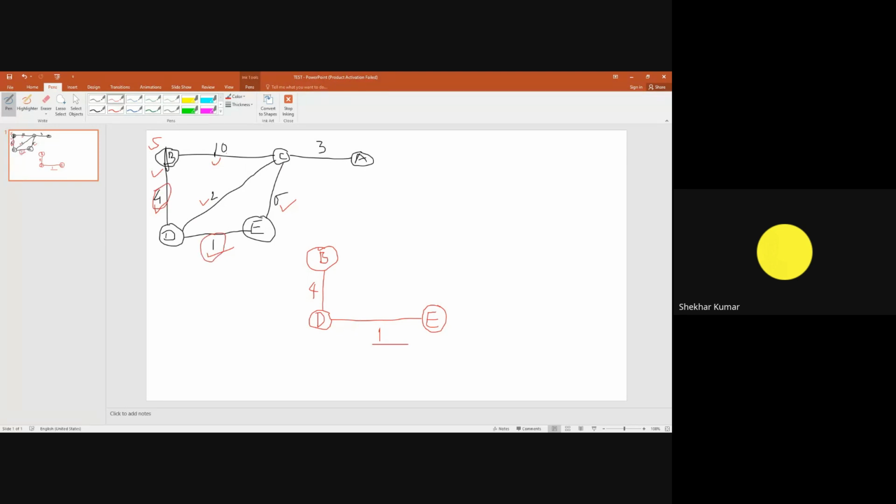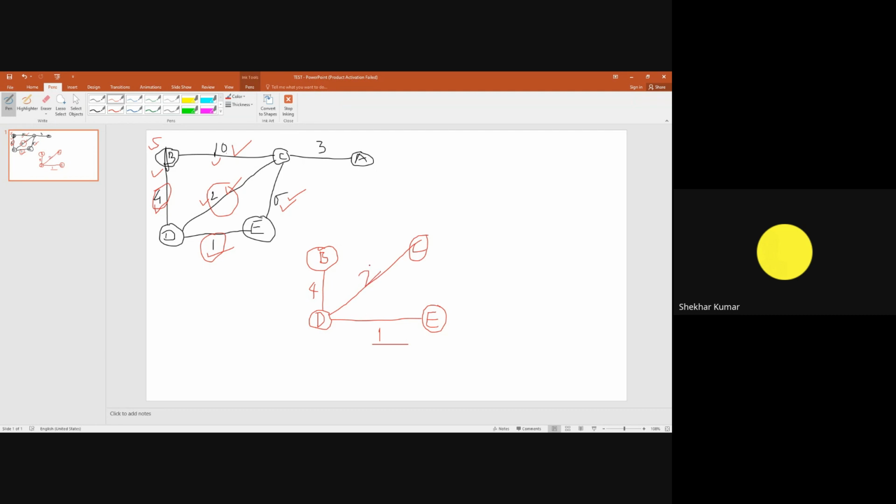Now we also have three edges: B to C, the cost is 10, D to C, the cost is 2, and E to C, the cost is 6. Now we will select one edge among all three edges with minimum cost. So the minimum cost is 2. Now we will select the edge D to C, the cost is 2.